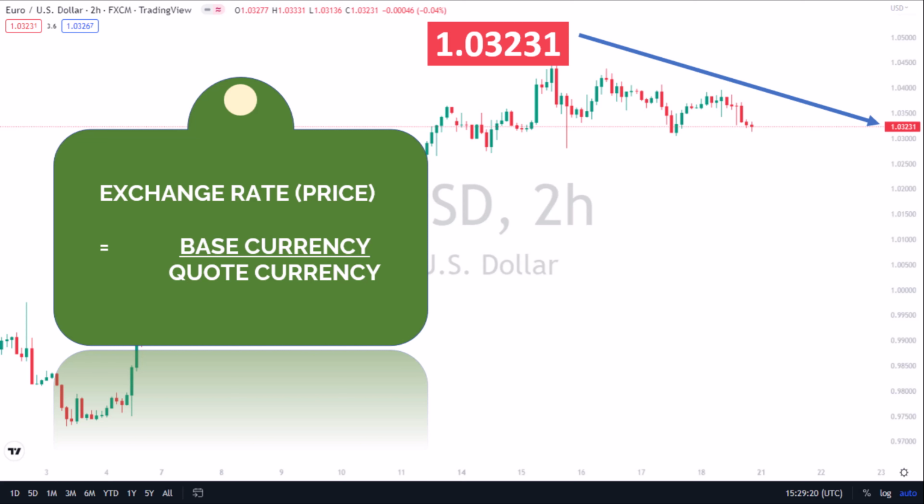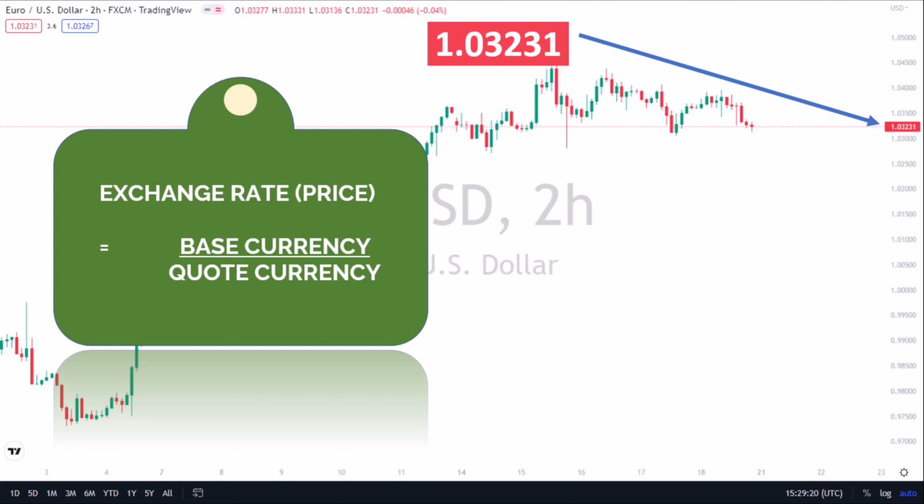Now, this is always fluctuating, except for weekends for currency pairs. The price last minute might not be the price this minute. It's constantly going up and down.